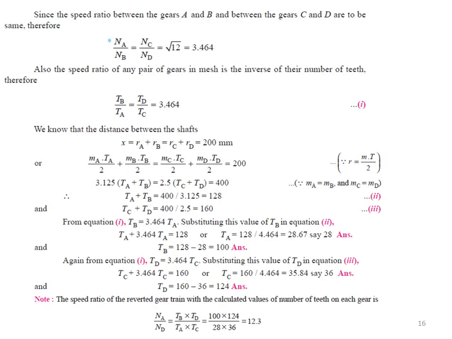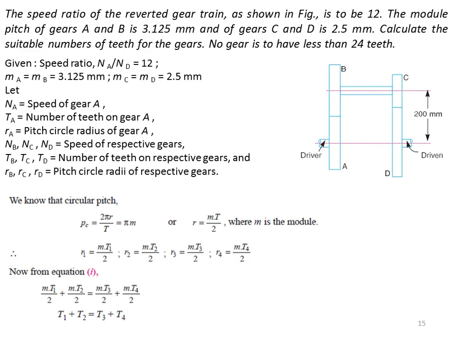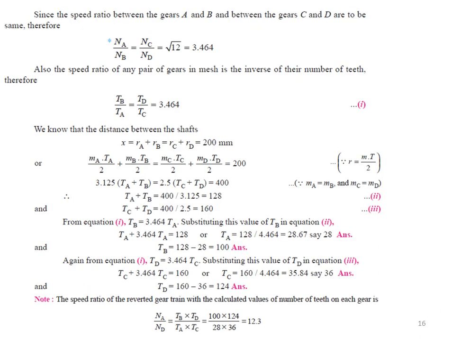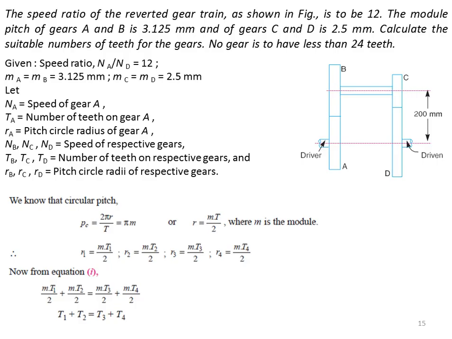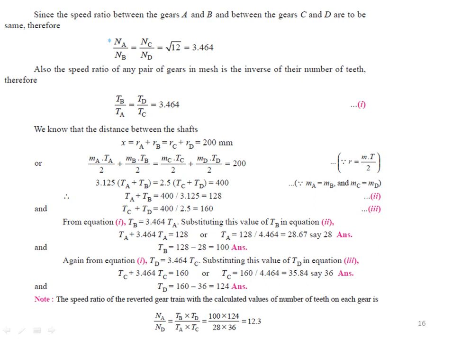Okay. So using this relation, you can solve the problem here. So the speed ratio is also given there. So NA by NB equal to NC by ND. If you consider that, you get the value of the ratio NA by NB, and the speed ratio of any pair of gears in mesh is actually the inverse of their number of teeth.